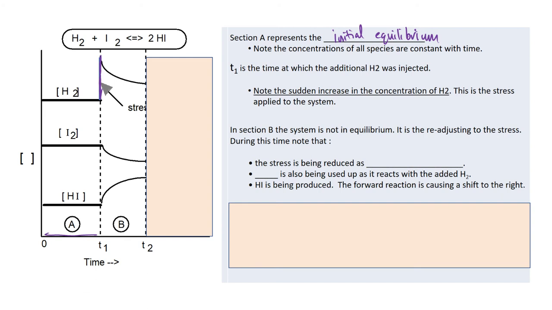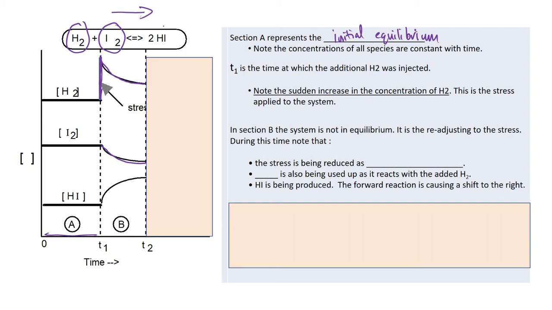So notice what happens after that. After my stress of adding H2, this system kind of compensates for that by shifting to the right, we said on the last slide. And shifting to the right uses up H2 and I2. So that's why we see their amount curves gradually decrease in that same shape we've always seen, quickly and then slower and slower.